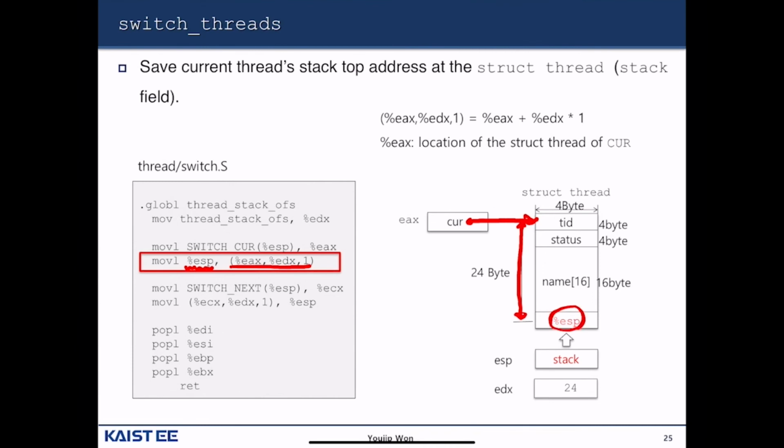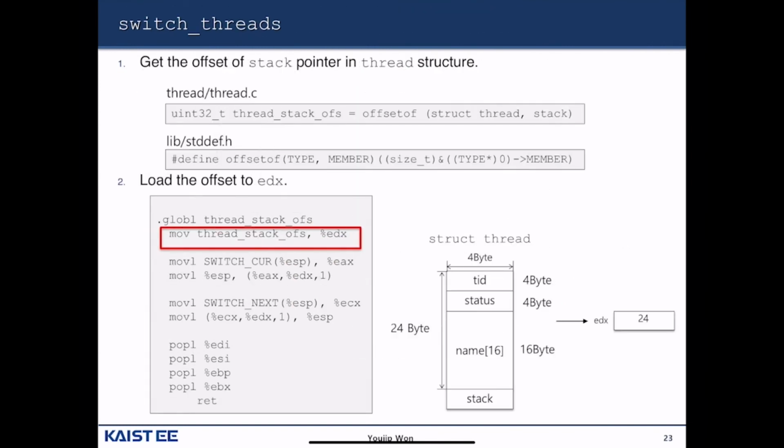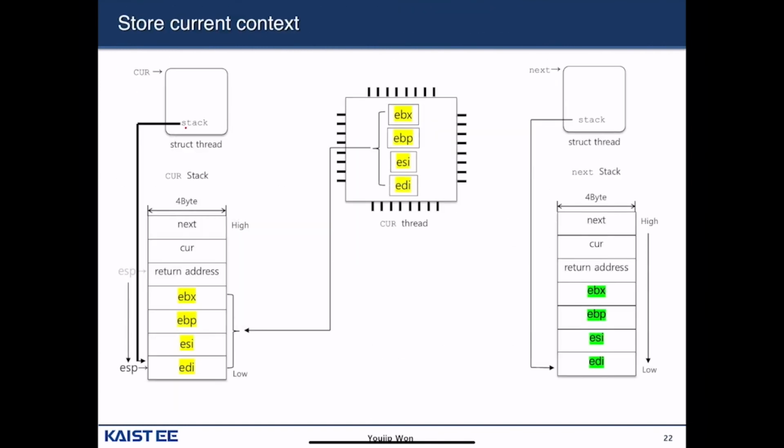There we save the value of ESP. Let's go back a few slides. As a result, the stack field contains the address of the current stack top. And it looks like this.